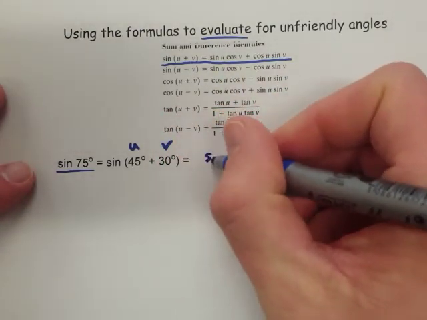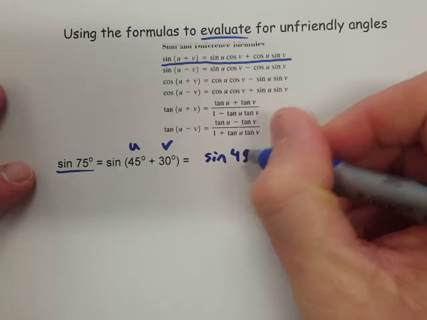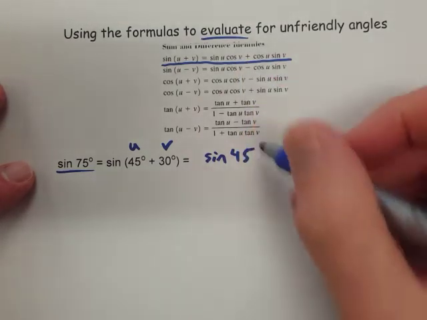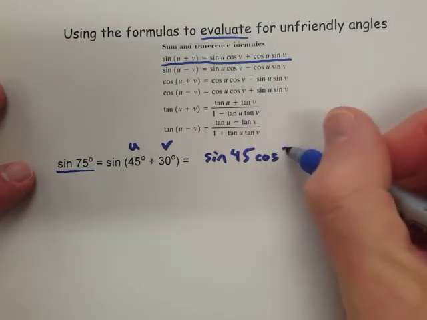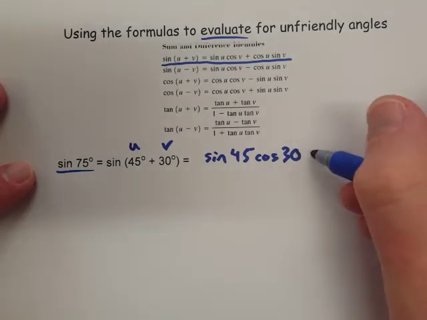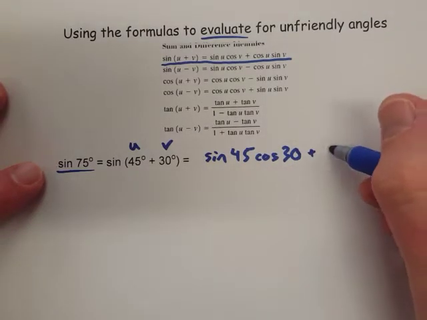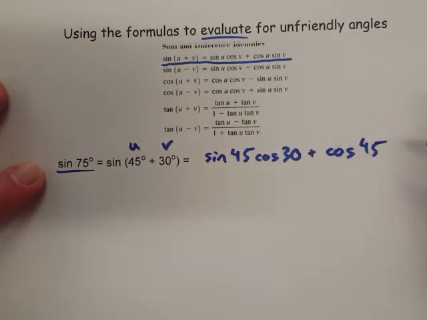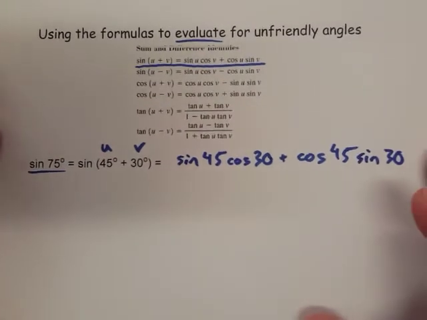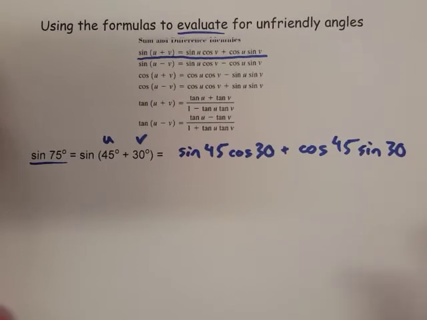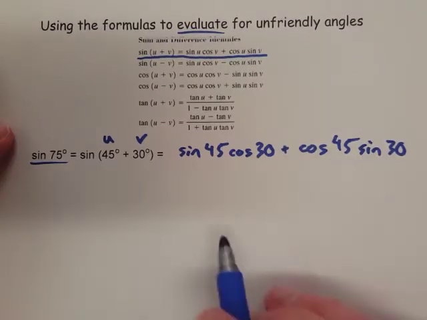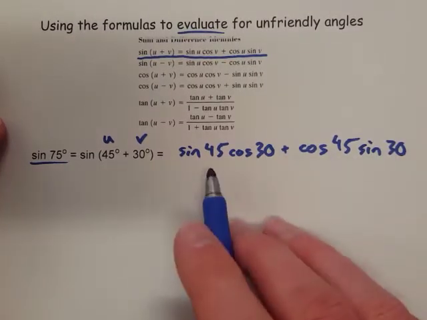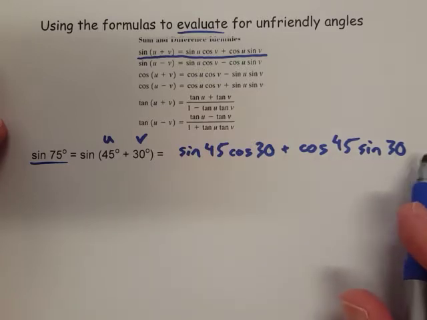So sine of u, so sine of 45, cosine of v, so cosine of 30, plus cosine of u, 45, and then sine of v, so sine of 30. We're just expanding all that out for right now, and then we're going to evaluate each one of these individually, because now these are all special angles and we can do that.